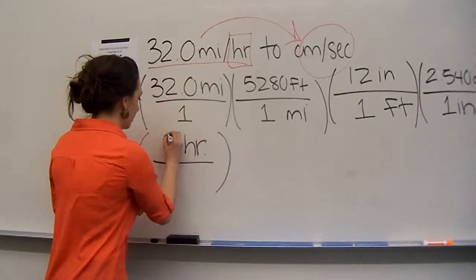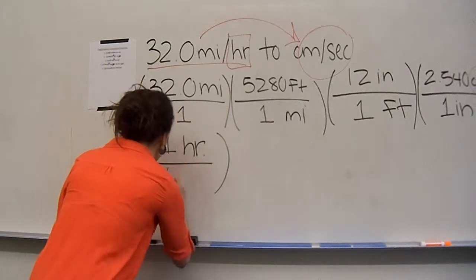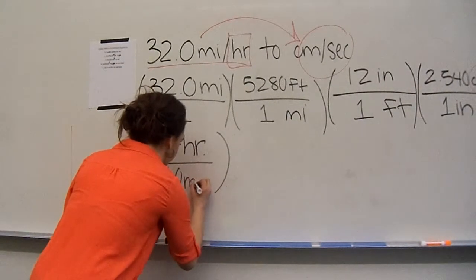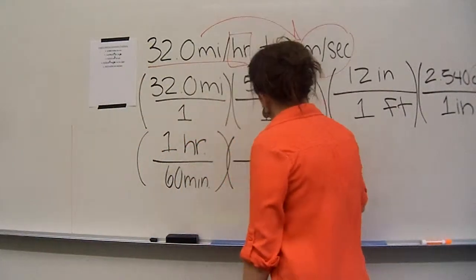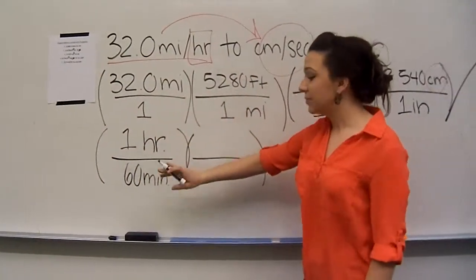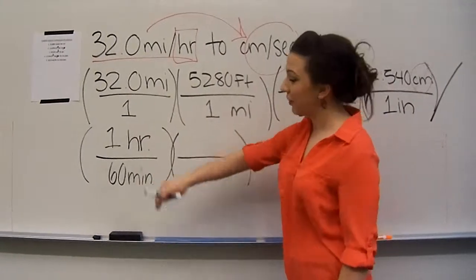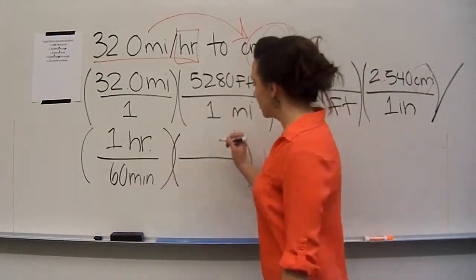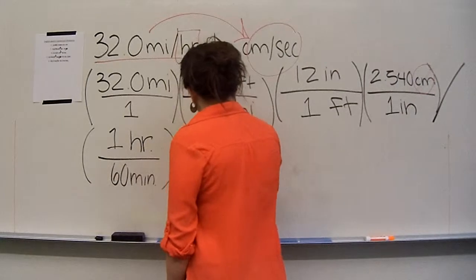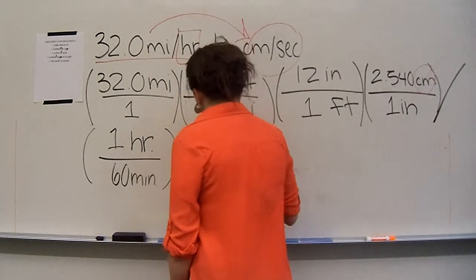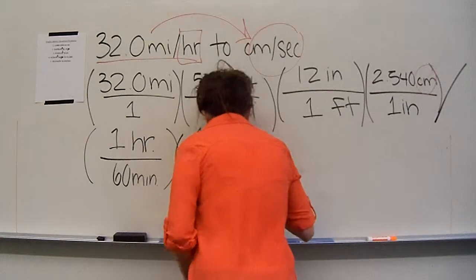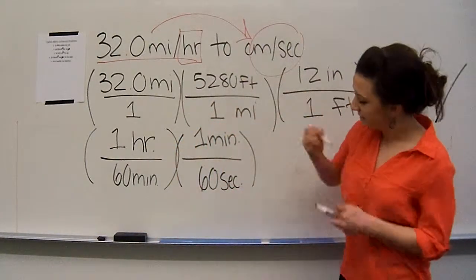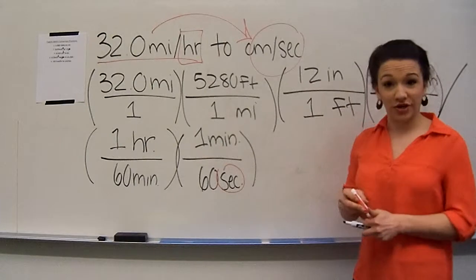So I know that 1 hour is equal to 60 minutes. We match this diagonally, but for the second portion, going from the bottom to the top. So I know that 1 minute is equivalent to 60 seconds. As you can see, seconds is the unit that we were looking for.